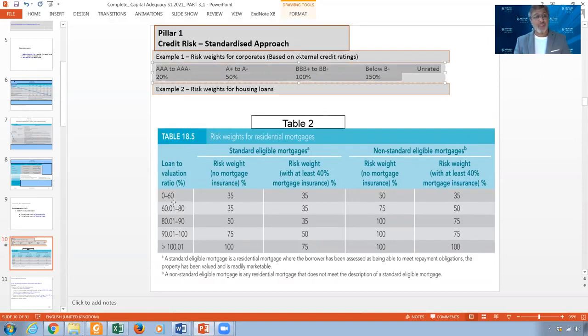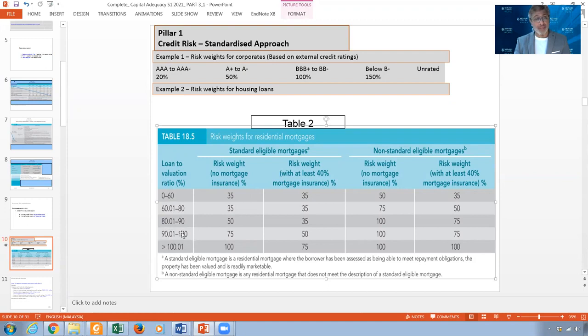It's different. You will see LVR, the loan to valuation ratio. When I give you the loan, the loan can be from 0 to 60% of the price of the house, or from 60% to 80%, or from 80 to 90, 90 to 100.